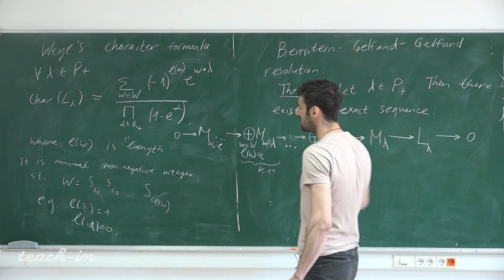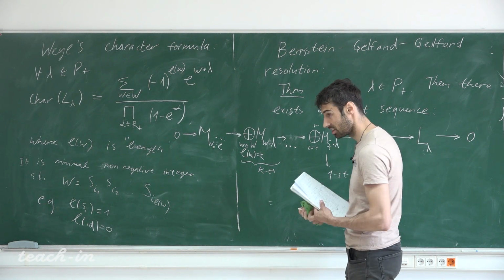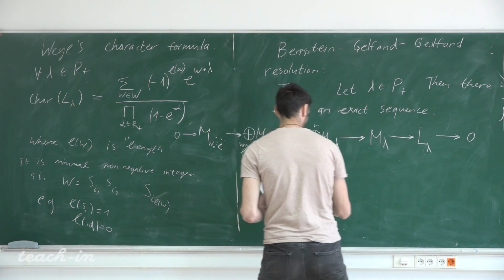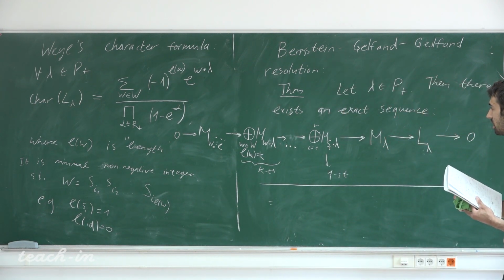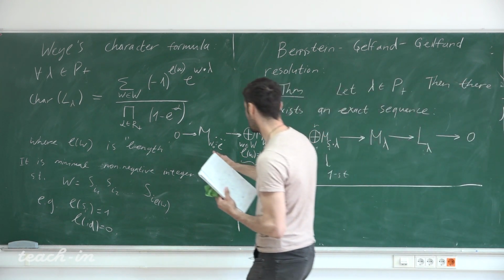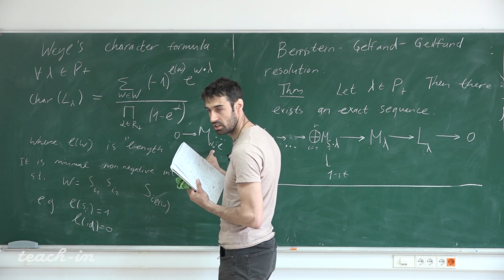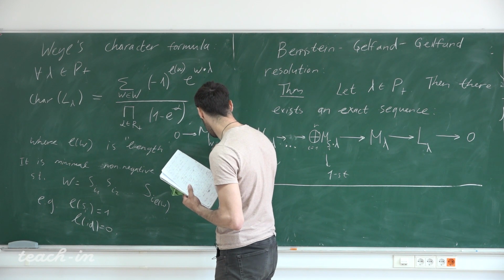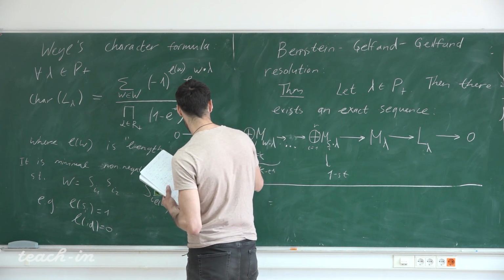But why does this imply this? Let's discuss that. Sorry, what's the index of the first entry? W0. Yes, W0 is the only element, it's 0 dot applied to lambda.